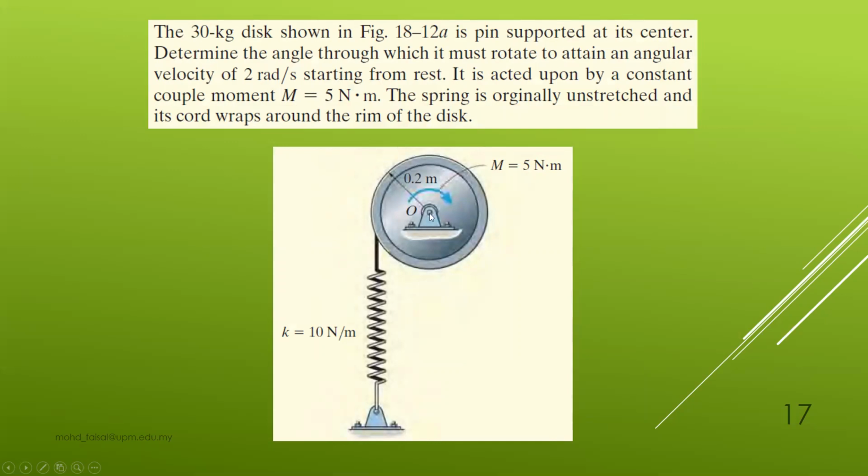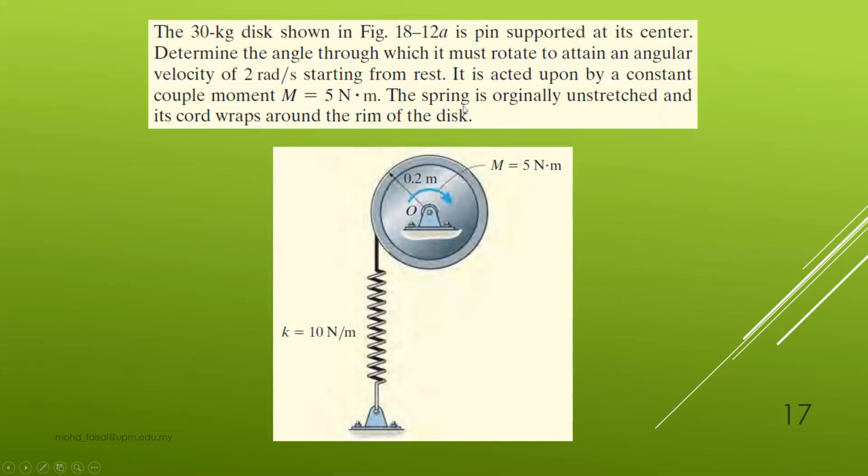On this problem, you need to determine the angle through which it must rotate to attain an angular velocity of 2 radian per second starting from rest. It is acted upon by a constant couple moment M, which is equal to 5 Newton meter.